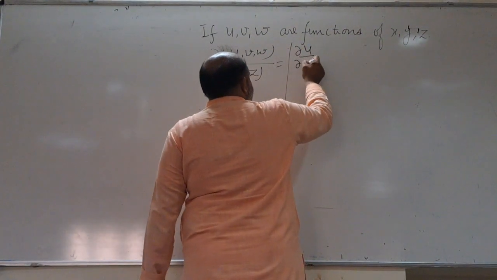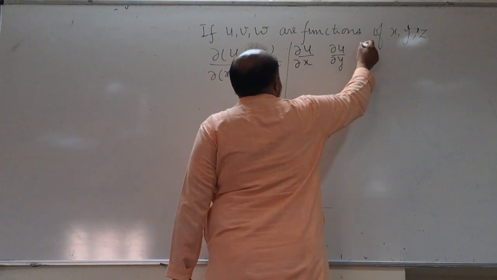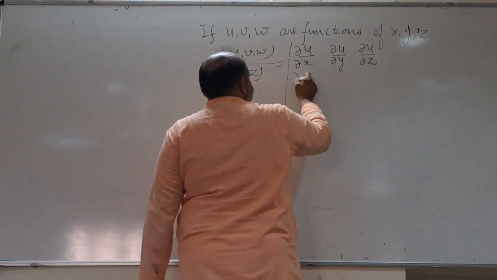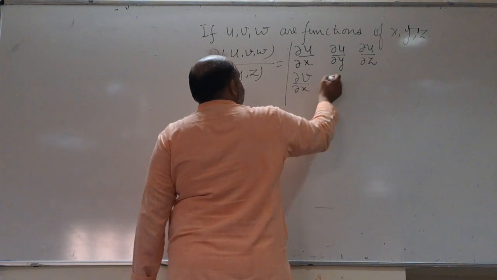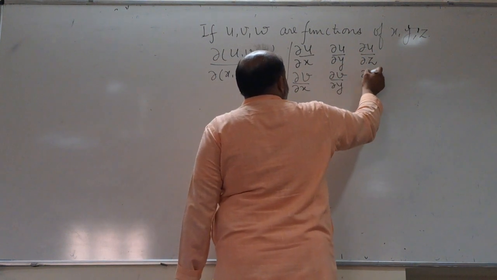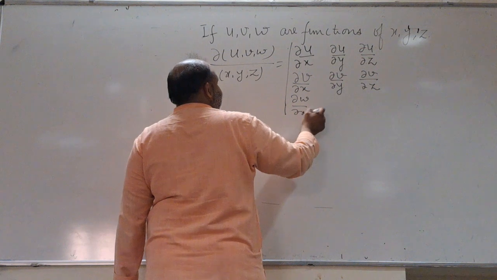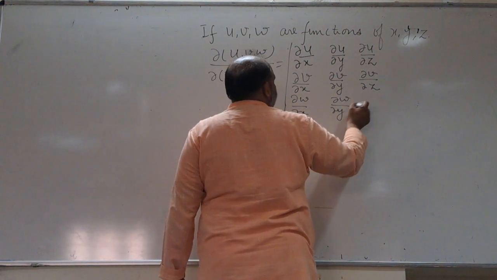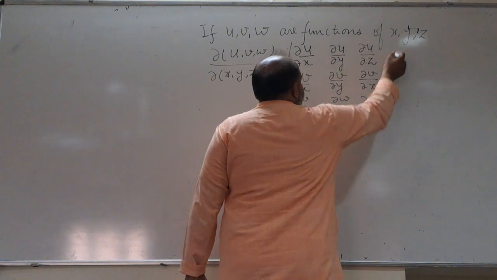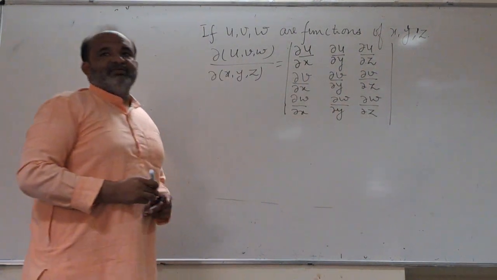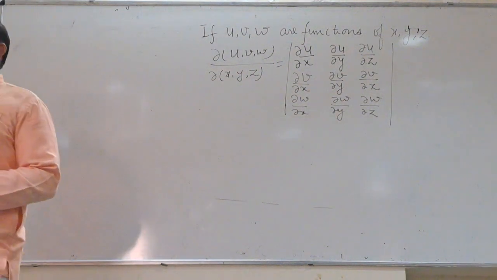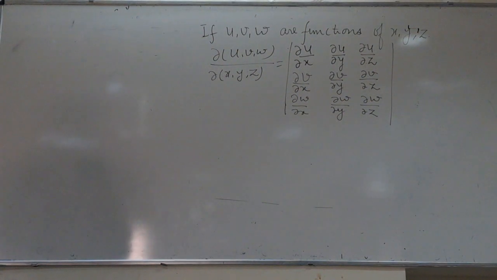Del u over del x, del u over del y, del u over del z. Second row, del v over del x, del v over del y, del v over del z. Then del w over del x, del w over del y and del w over del z. So this is a 3 by 3 determinant, right? The value of this determinant will be called Jacobian of u, v, w with respect to x, y and z. The previous results can be extended here.